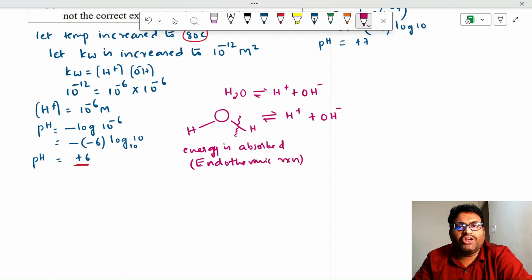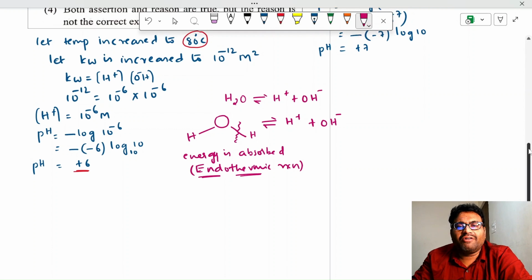So if a water molecule is to be converted into H plus and OH minus, you have to supply some energy to break this bond. When energy is absorbed to break the bond, that type of reaction is called an endothermic reaction.